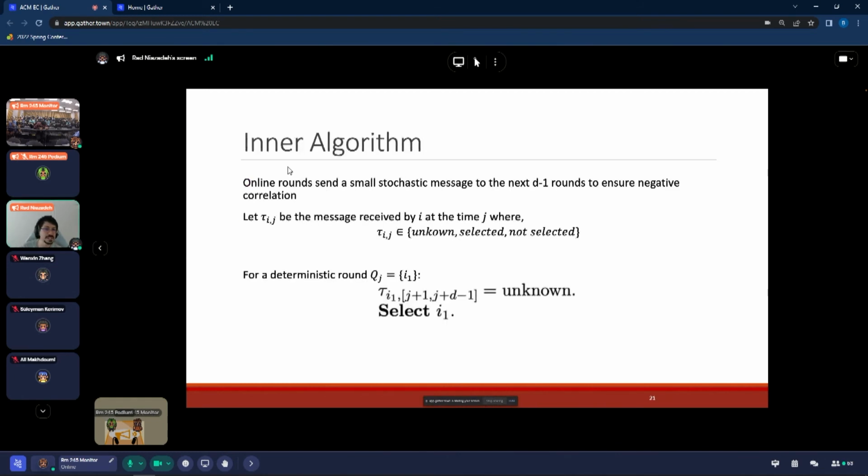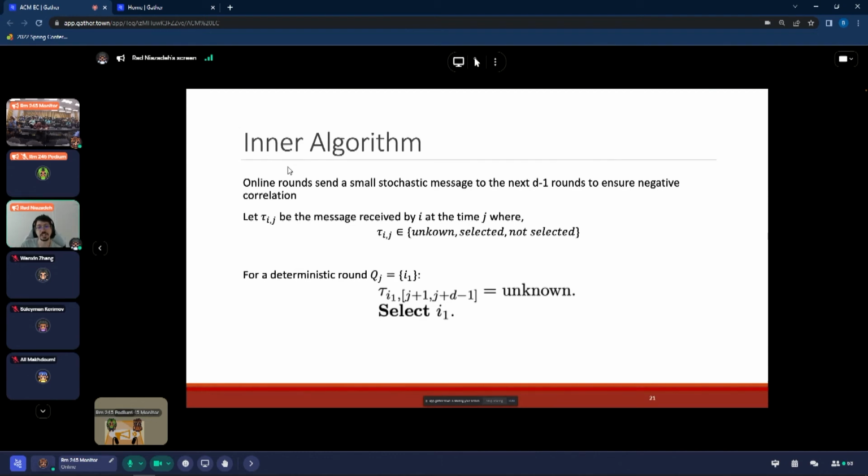So our algorithm is inspired by their work, and in our algorithm, every online run sends a small stochastic message to the next D-1 runs to ensure that we have a negative correlation in the decisions of the algorithm. Let I_j be the message that vertex I receives at time j.